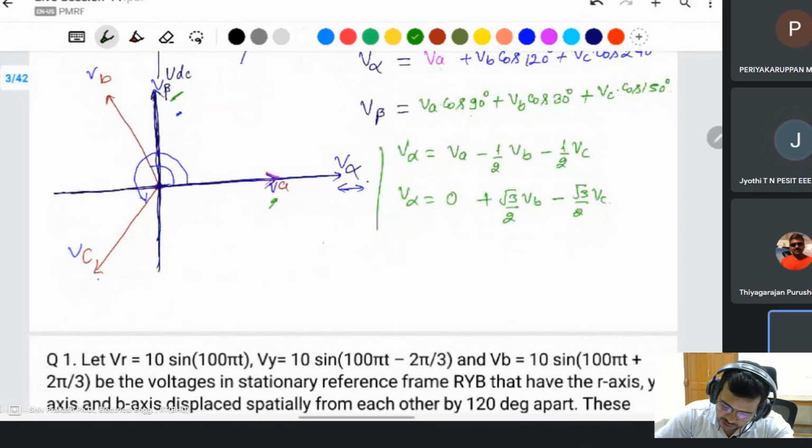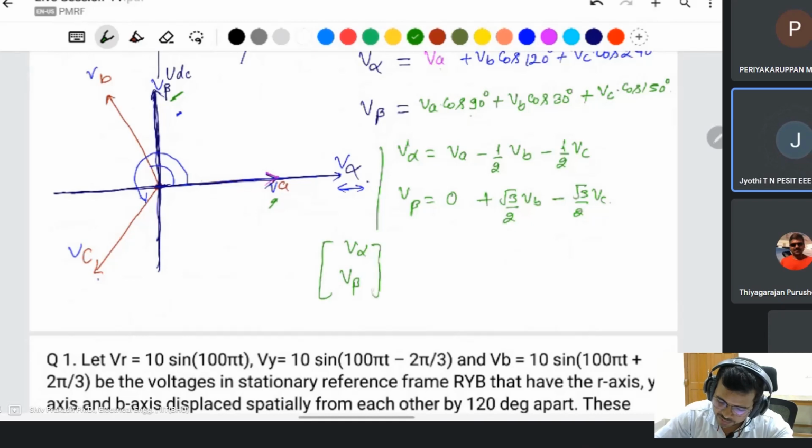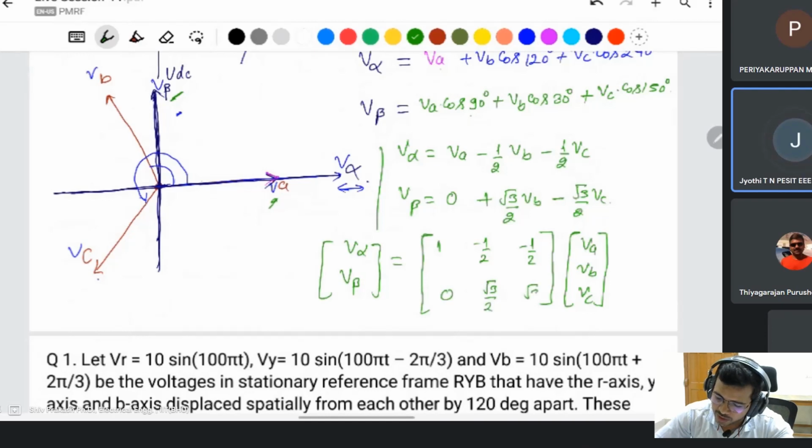It means if you want to calculate V alpha, so this is the V beta, this is the vector ABC, these are the values of VA, VB, VC: 1, minus half, minus half, and 0, root 3 by 2, minus root 3 by 2.